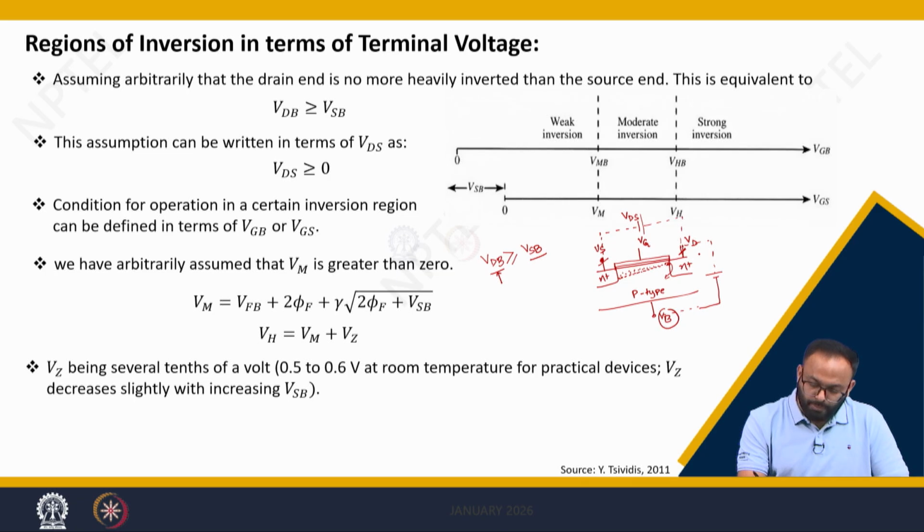However, if I want to represent it in terms of source, then I can rewrite VDS equals VDB minus VSB. So I can simply represent this as VDS greater than or equal to 0.